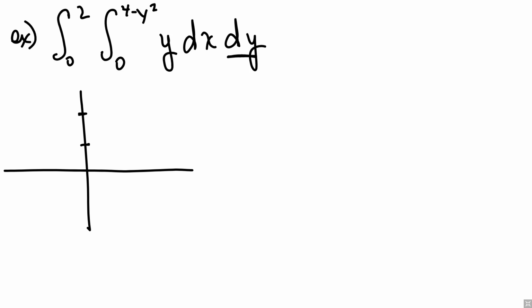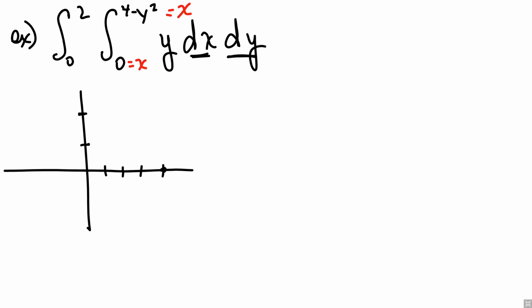Now we're going to deal with x. Just as I said last time, this is basically x is equal to 0, and this is x is equal to 4 minus y squared. When y is 0, what is x going to be? 4.